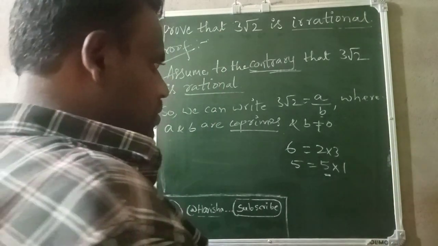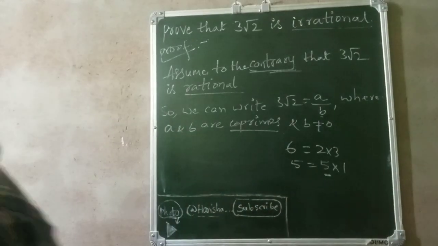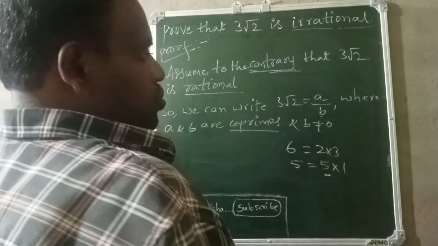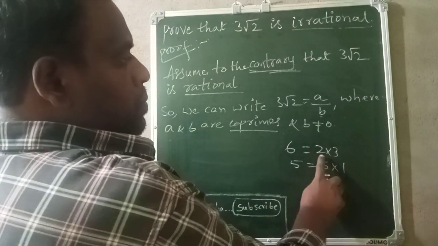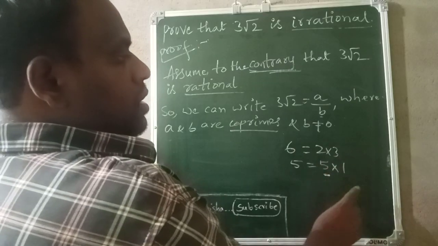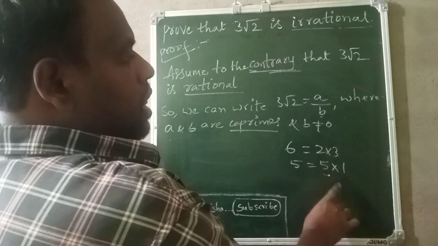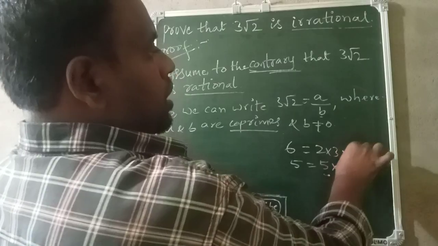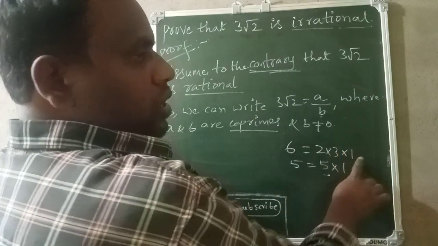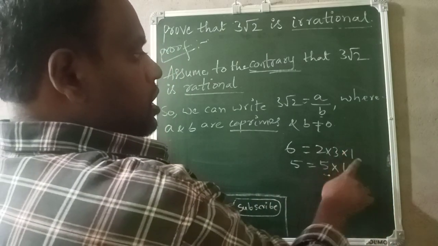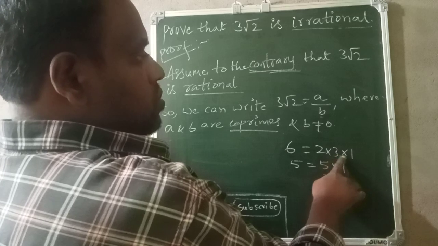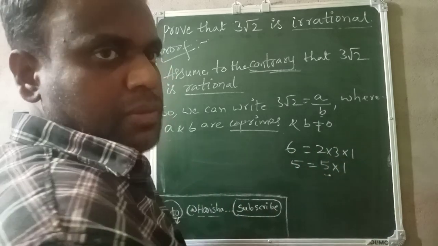While writing, remember only prime numbers should be in the product, and you can put 1 at the end. There is nothing wrong, because when you multiply 2 into 3 you get 6, and 6 into 1 is the same 6.